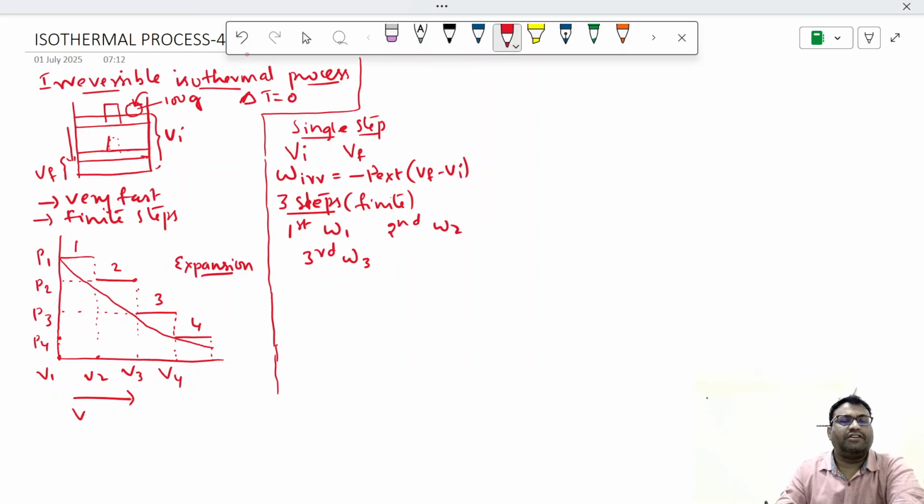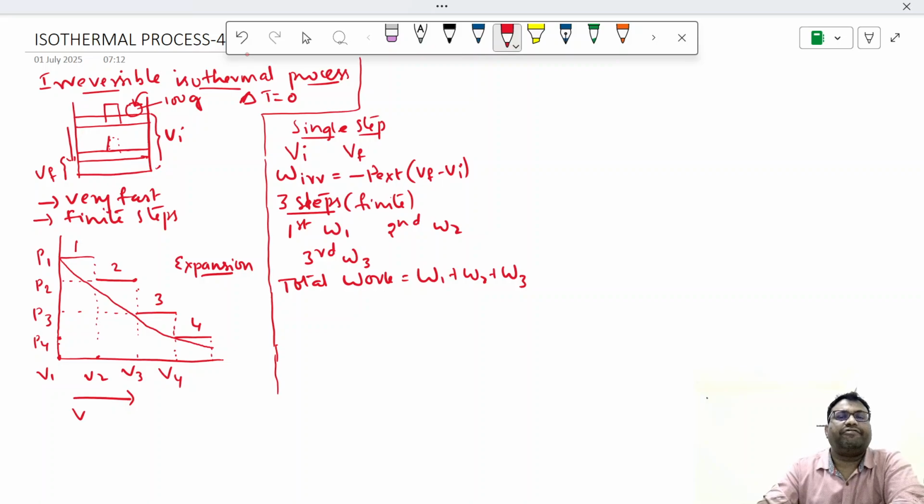The total work done will be simply adding those, W1 plus W2 plus W3. That's it. Okay. So this is how we calculate the work done during irreversible process.